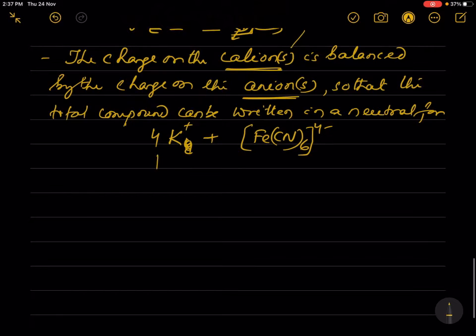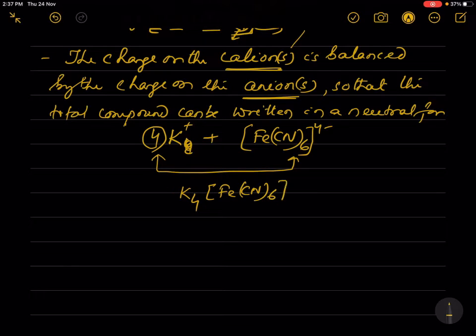If I write these two parts in one formula, I have to write K4, then square bracket starts Fe(CN)6.